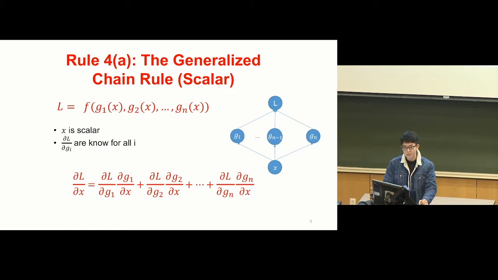On the right-hand side, this is the dependency diagram, which is quite useful when you're computing the derivatives. Here, g_i depends on x, and L depends on g_i. So here comes this formula.